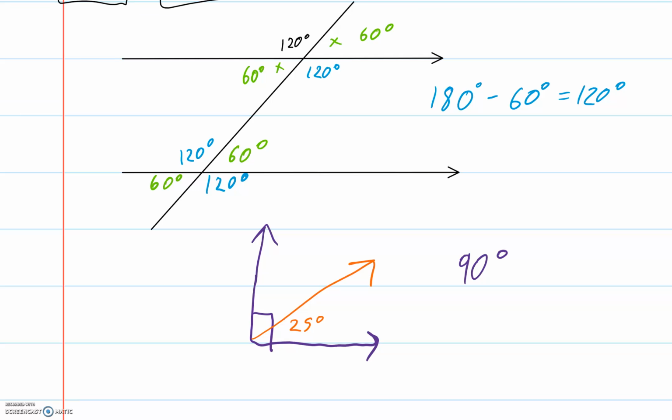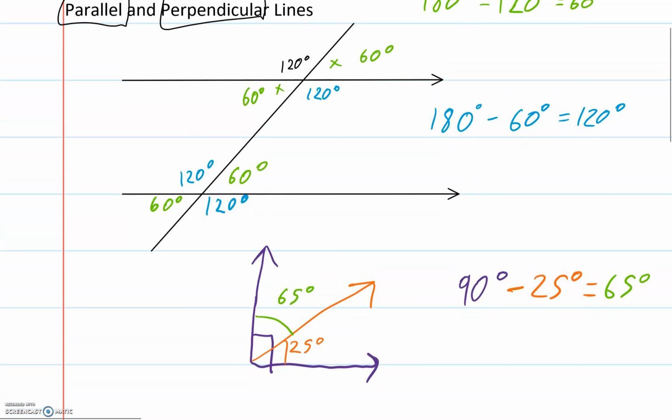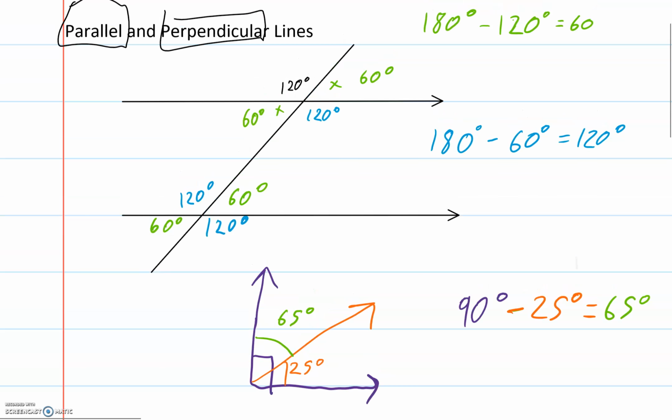Okay, to find the other side over here, all you have to do is 90 minus 25, and you get 65. So up here would be 65. So just whatever's missing. So if you have only one thing missing in any given set, you're able to find it by subtracting or adding to get to it, whichever you feel more comfortable.